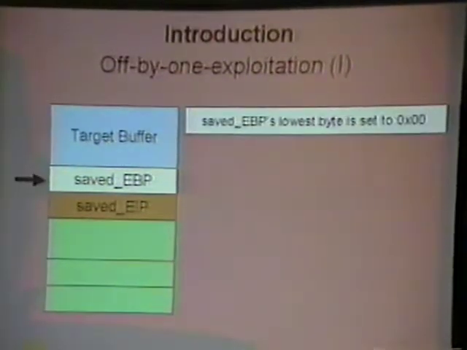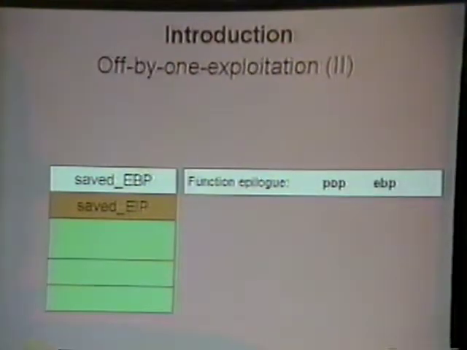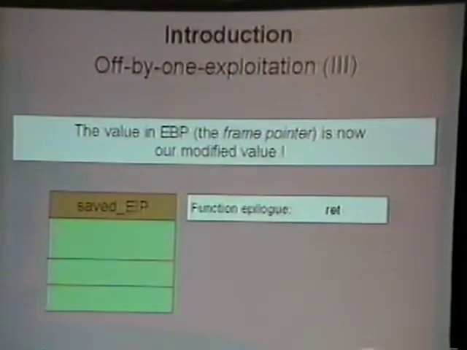So we start copying data into the target buffer and overwrite the lowest order byte of EBP. The function executes the regular C epilogue, moving EBP into ESP, which removes all the local variables from the stack, and then pops our manipulated EBP value into the EBP register, and then issues a return.